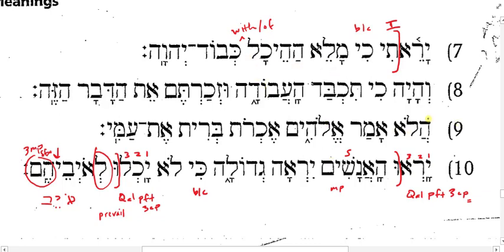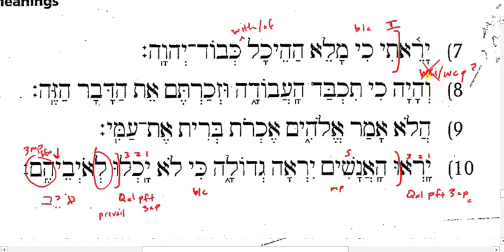Now, number 8, I have v'haya, beginning a sequence here. Is v'haya WCI or WCP? V'haya. Which is it? It's a WCP form.